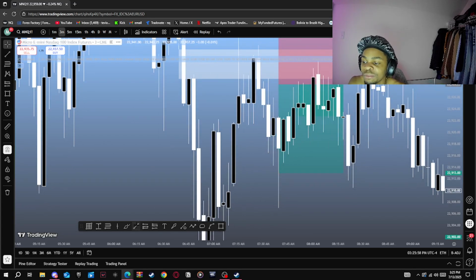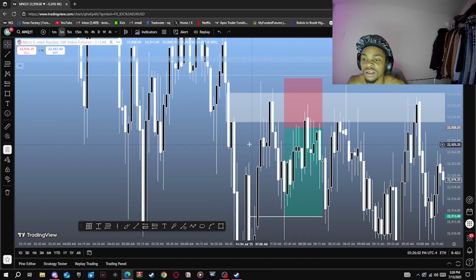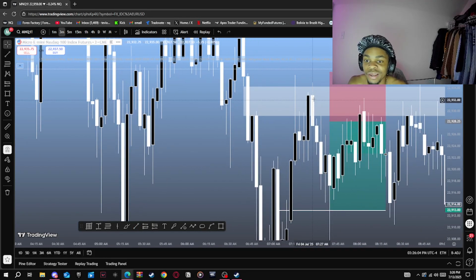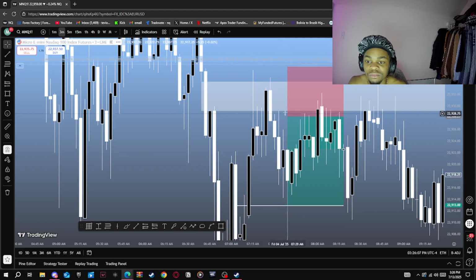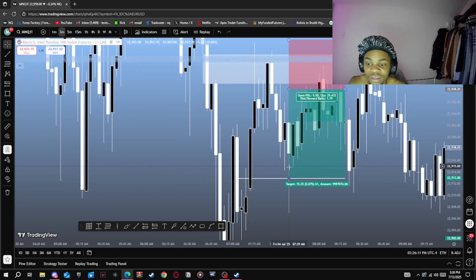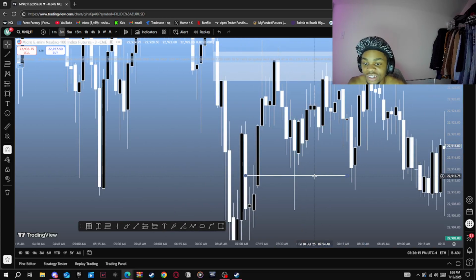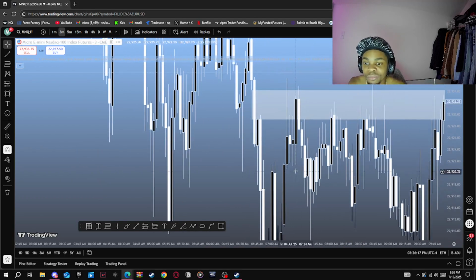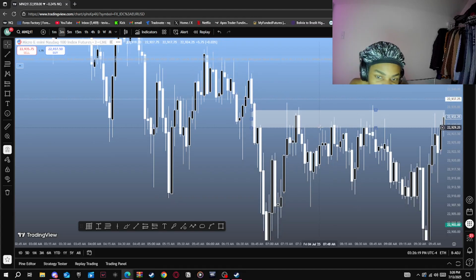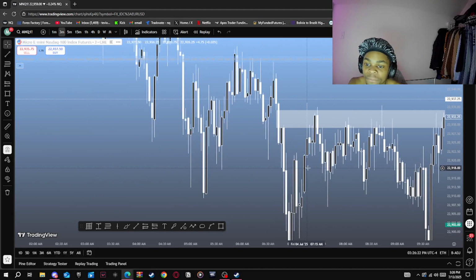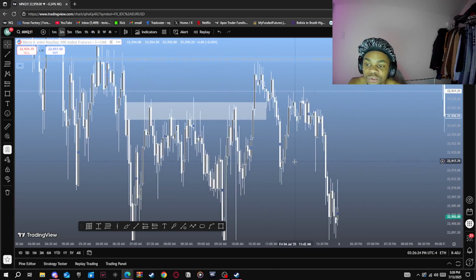I put my take profit, just leave it right here. And bam, it respected right here. And now it's trading down. And then bam, it ran through the TP. So that would have been a dub. That's not how I trade. I'm just throwing a random example up there, showing how price can respect a box and move to TP.